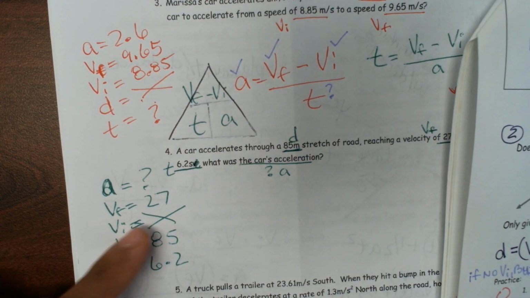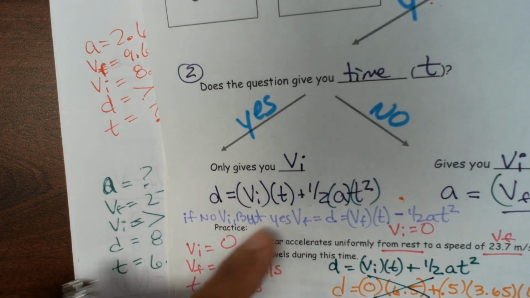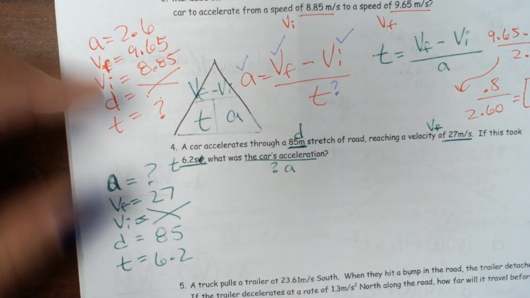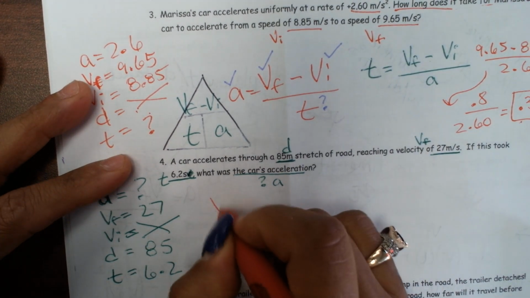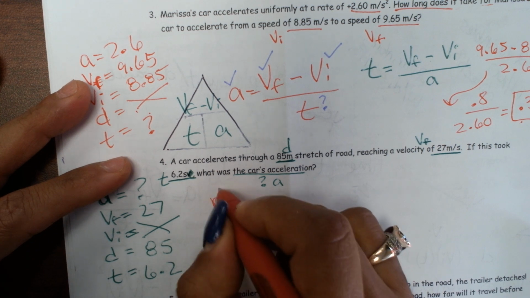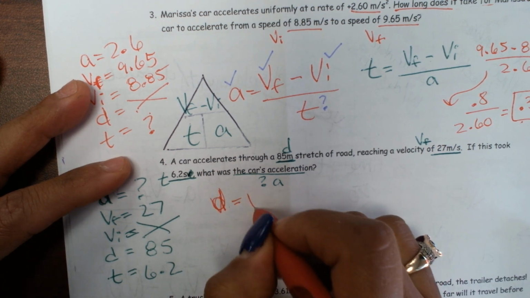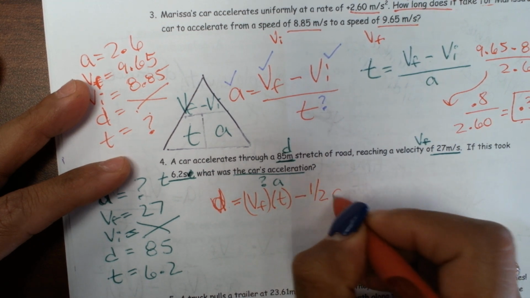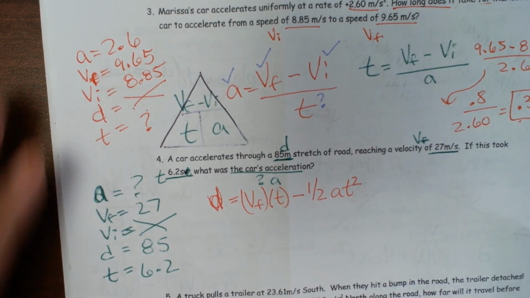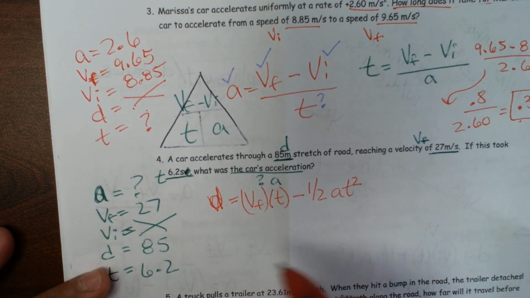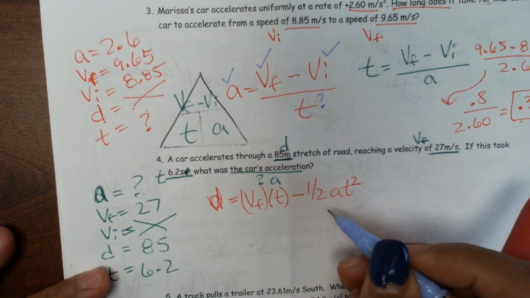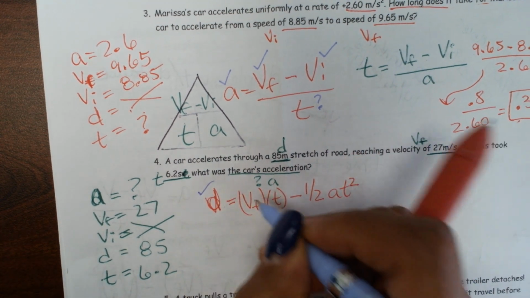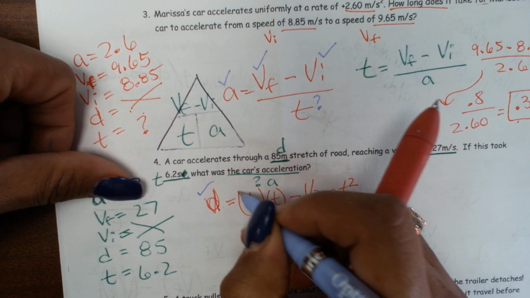So VI was not given to me. It tells me to go to this equation right here. Let's try that one. D equals VF, multiply it by T, minus 1/2 AT squared. That's the equation I need to use. So in that case, before I get started, I want to check or X in question mark. So D, check. VF, check.